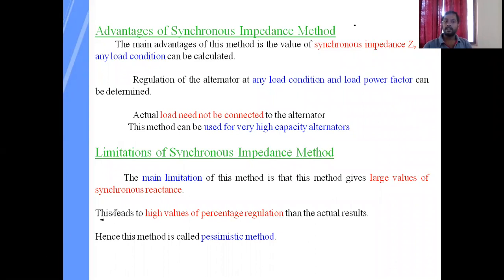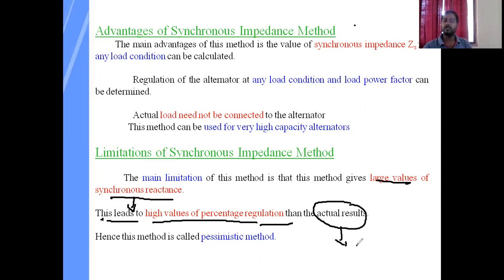Because of this large value of the reactance, this leads to high values of percentage reactance than the actual value. For example, if the actual value is 10%, in this method it gives high values, nothing but 12%, 14%, like that.